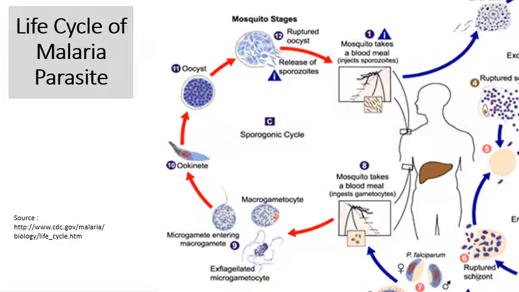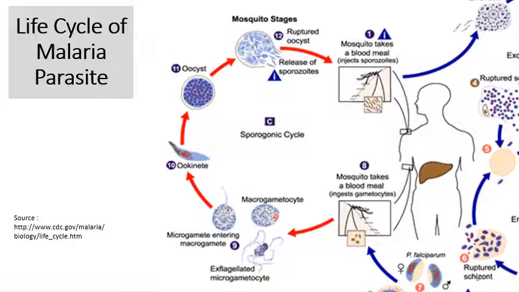In the extracellular male gamete, the nucleus divides 3 times, and each of the 8 nuclei formed combines with cytoplasm to form 6 to 8 thread-like microgametes, which are flagellate.